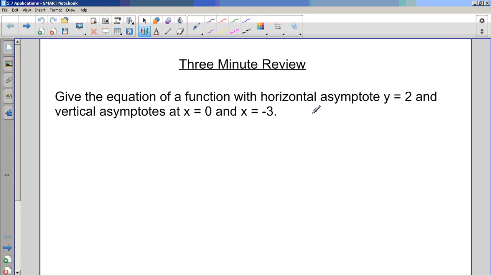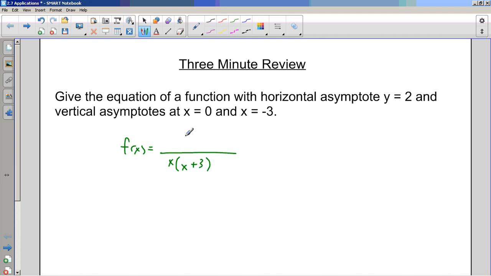Give the equation of a function with horizontal asymptote blah and vertical asymptotes blah. Well, the vertical asymptotes, we certainly know that means the bottom, this is where these things are zero, right? So x, when x equals 0, and x plus 3. Now, how do I get a horizontal asymptote of y equals 2?